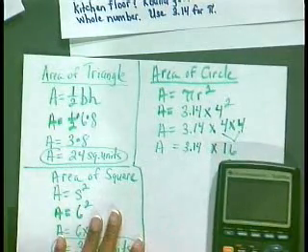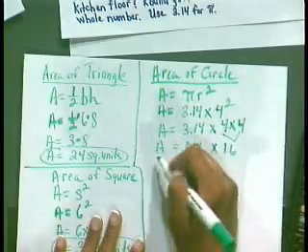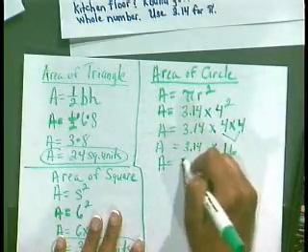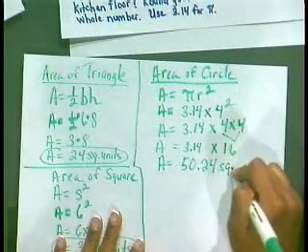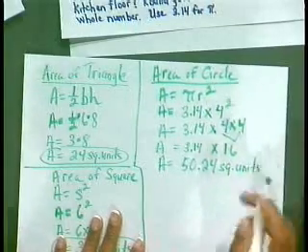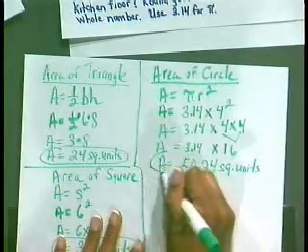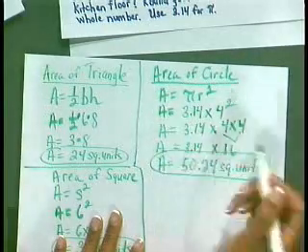So let's multiply it out, and we have 3.14 times 16, and we get 50.24. And that's also square units because it is area. Okay? So now we have our area of the circle.